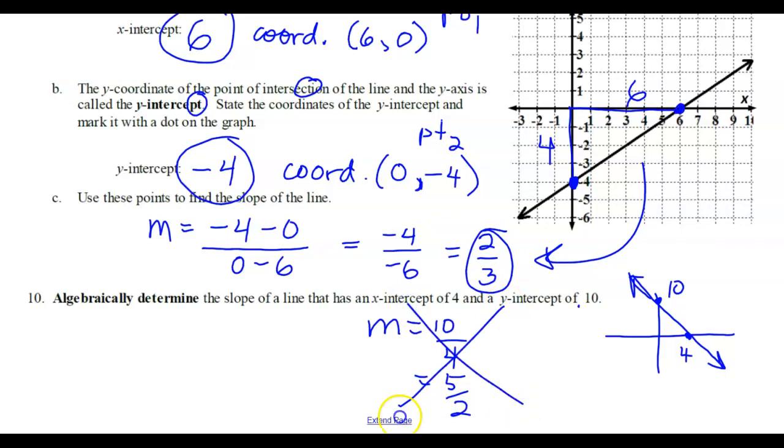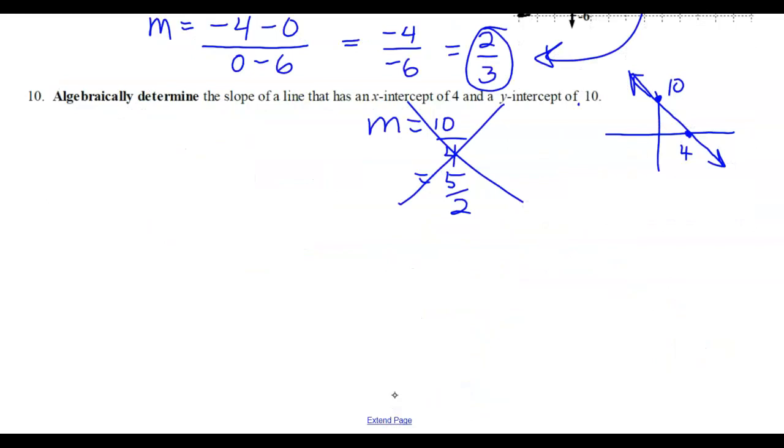So if it says algebraically determine, then your 2 points are 4, 0 and 0, 10. And so your slope will be, you decide which is your first and which is your second point, but I'm going to use this as my second point and this is my first point.